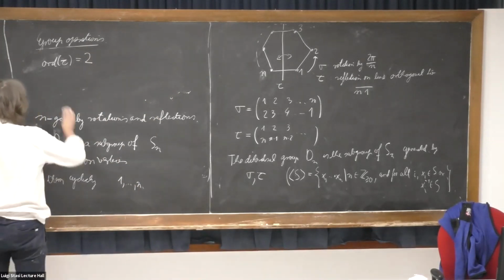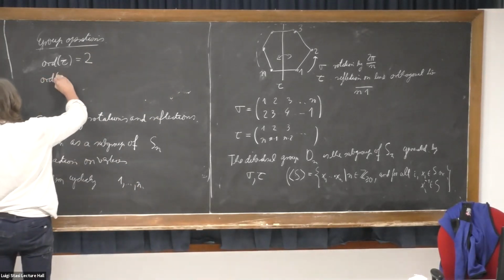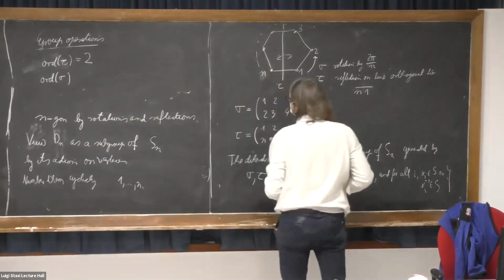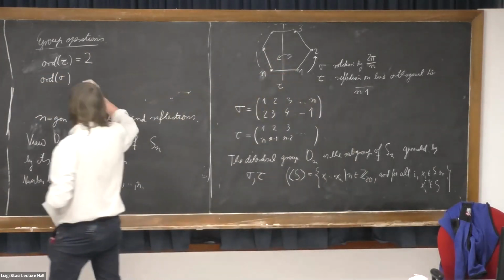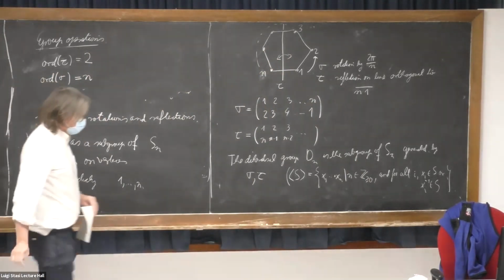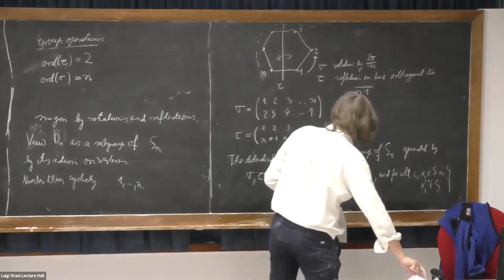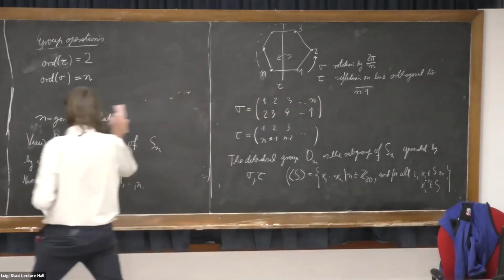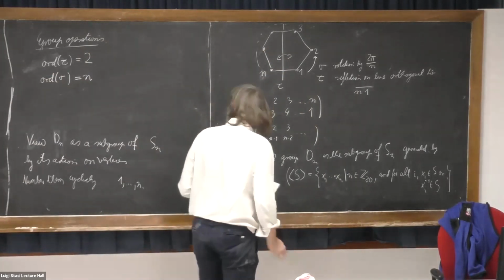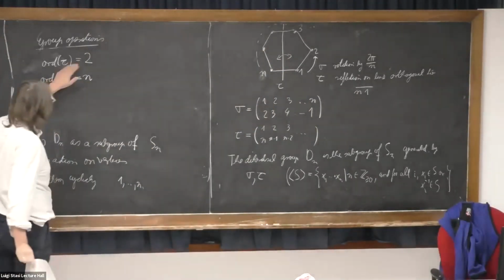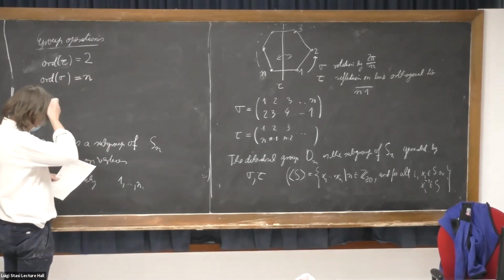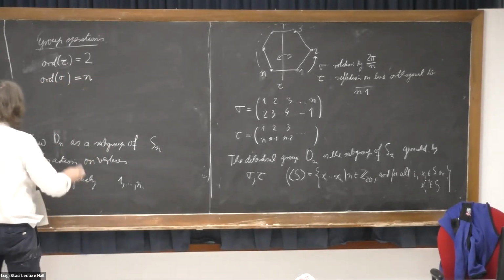And the order of sigma is n, since it is a rotation and if we apply it n times we get the identity. So that means that tau squared is equal to 1, sigma to the n is equal to 1. And there's one further thing you can check.